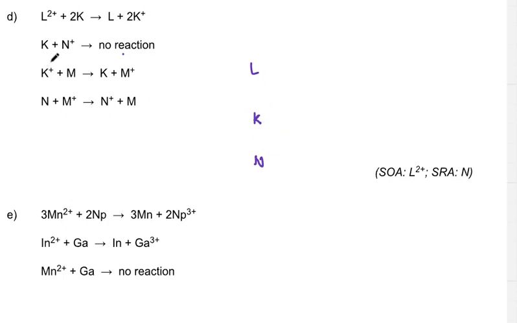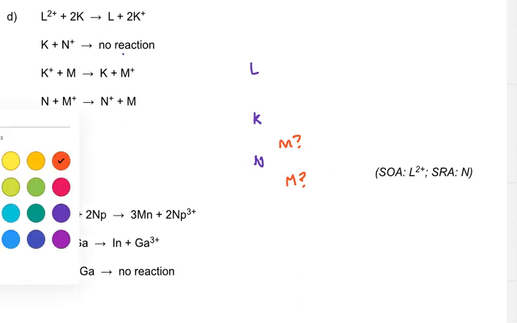Next one, K tries to take electrons from M, and it does. That tells us that K is higher than M, which is not fantastic because where do we put it? Does M go here? Does M go way at the bottom? All we know for sure is M is somewhere beneath K, so we're going to have to come back to this in a second. Hopefully one of the other reactions will tell us more.